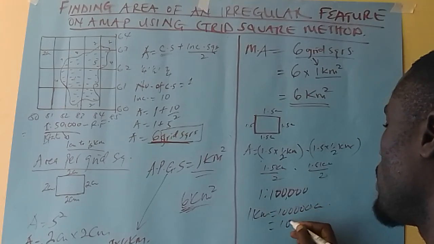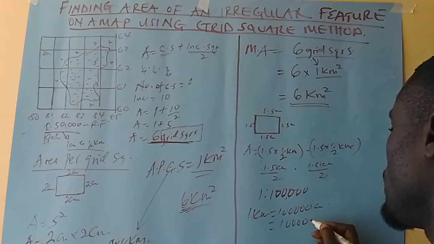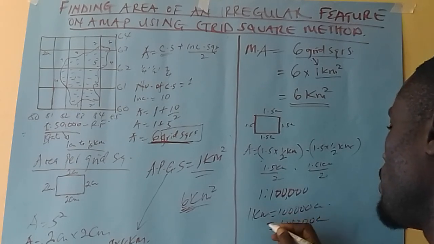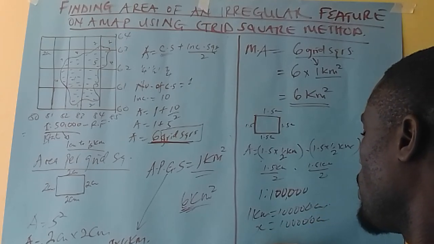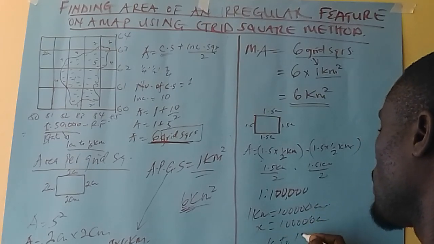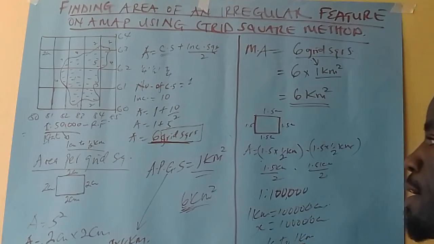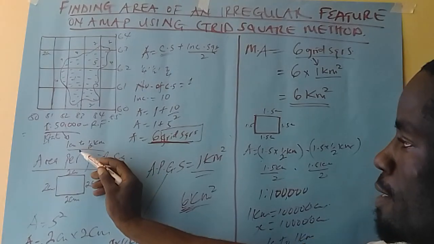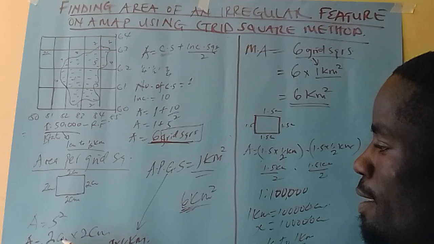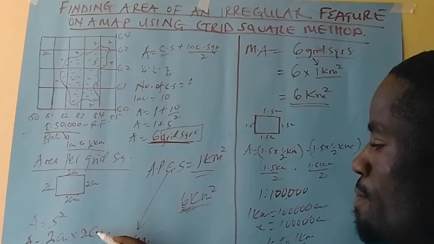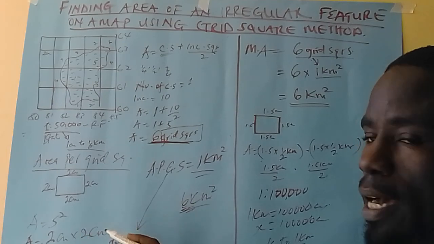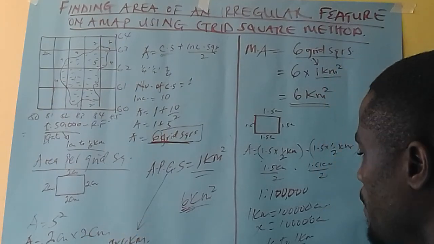If that is the case, how about 100,000 centimeters? They represent what? This one is constant. We should find out that every 1 centimeter represents 1 kilometer. So if 1 centimeter represents 1 kilometer, that means it is not the same as this. So if I get 2, I'll multiply it by 1, not a half. So the answer will still not be the same.